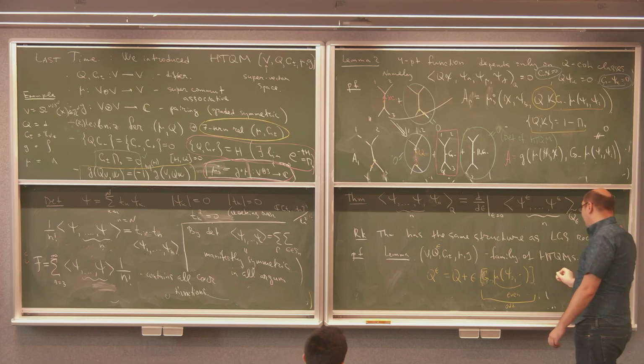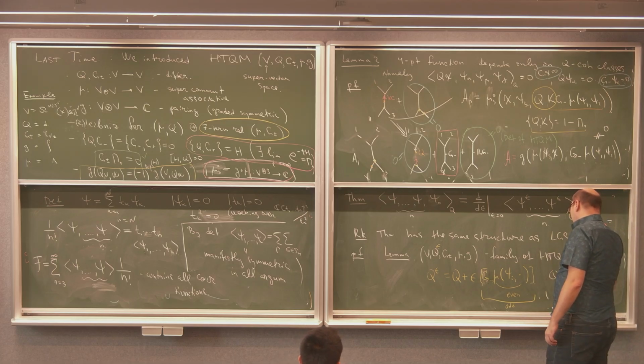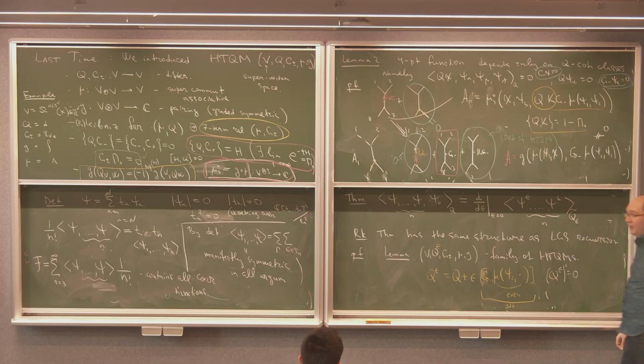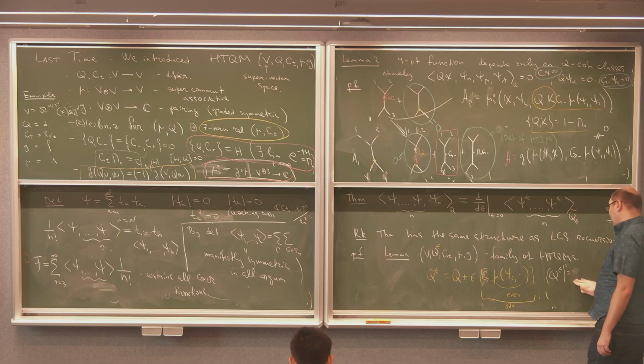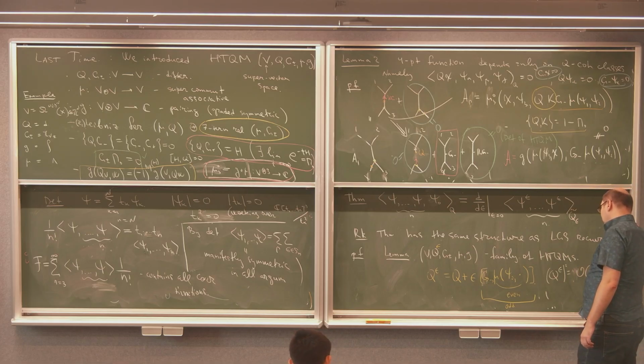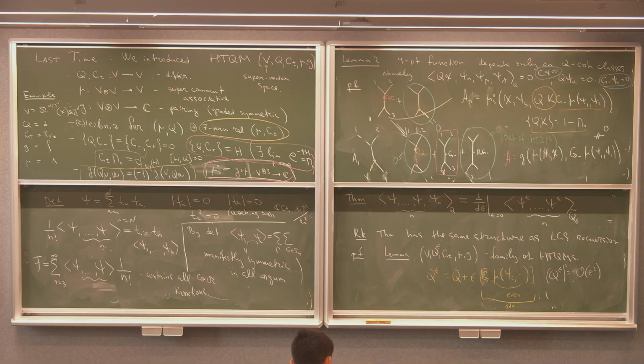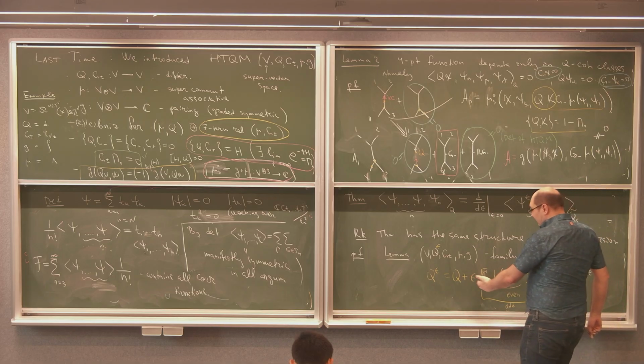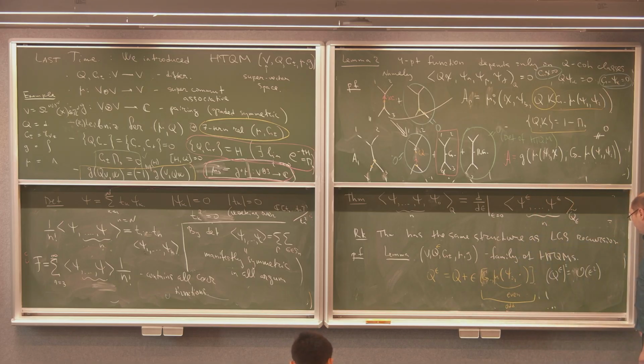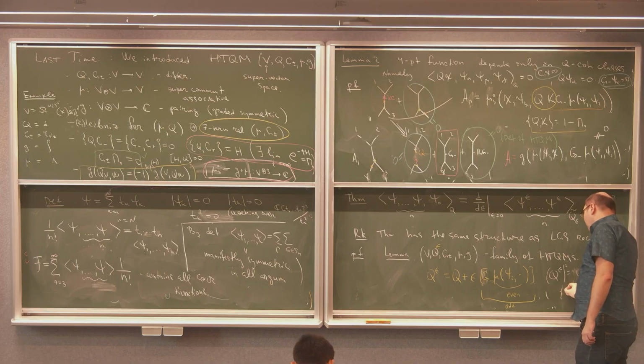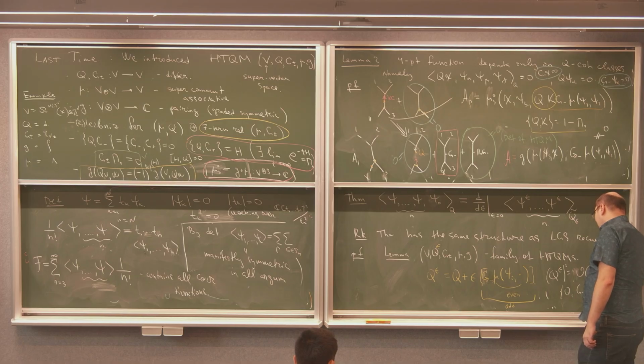So the essential property is to check that the family Q epsilon is a differential, or at least a differential in linear order in epsilon. When we square this expression, we get the anti-commutator of Q with the commutator of G minus and multiplication by a state psi naught.